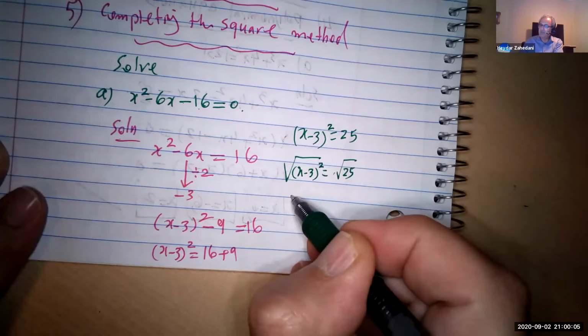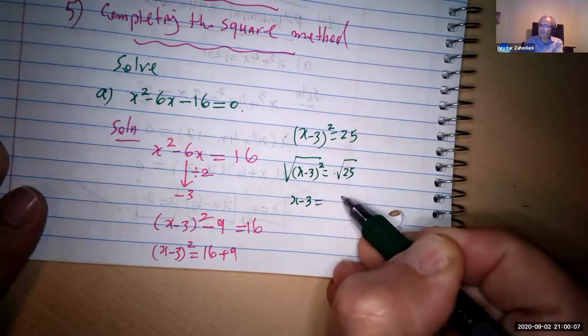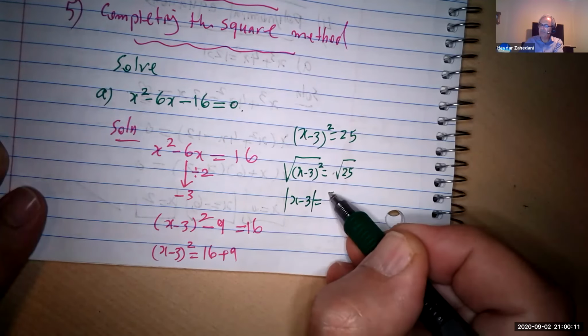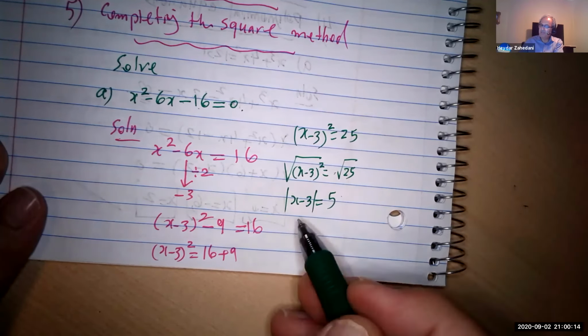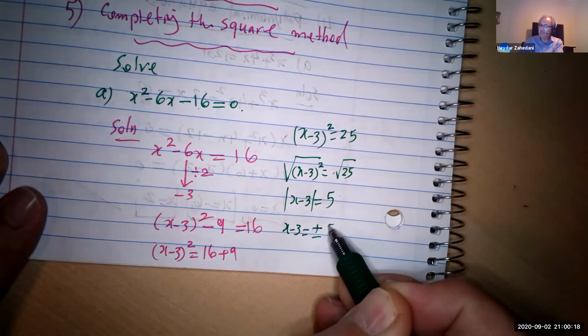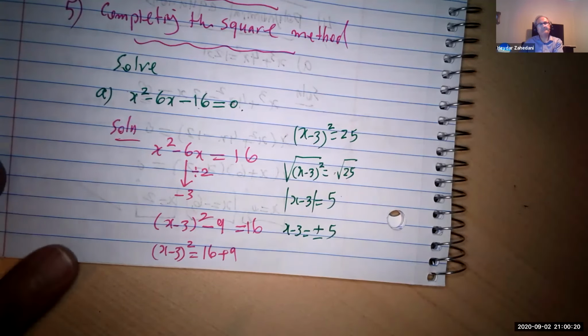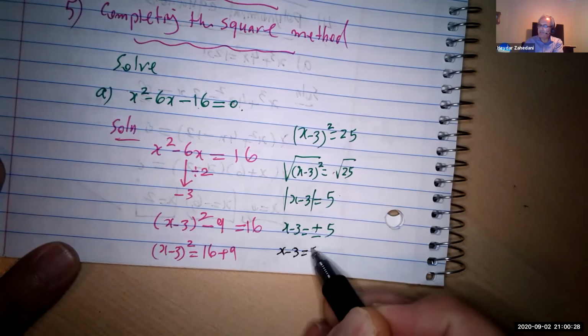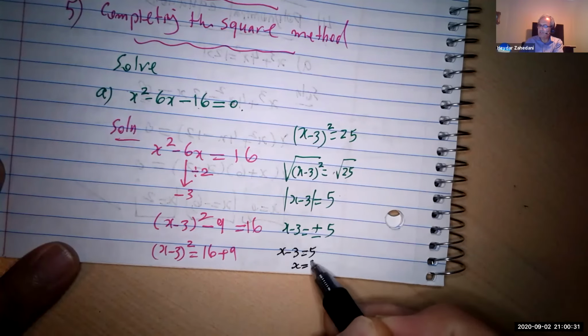Remember, you can release the radical, but you have to pay for it. This is the absolute value, and this would be 5. So x minus 3 is equal to positive or negative 5, and we get 2 cases. If x minus 3 is equal to 5, x would be 8, one solution.